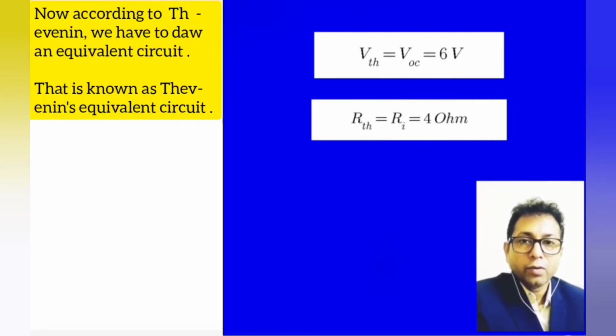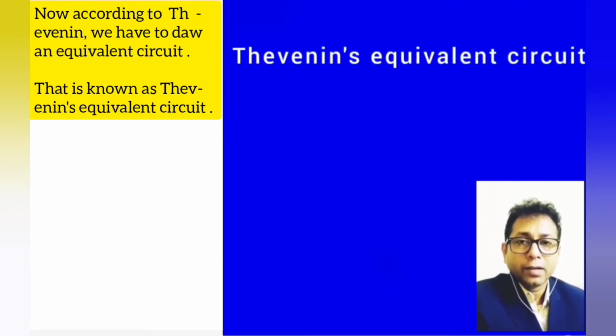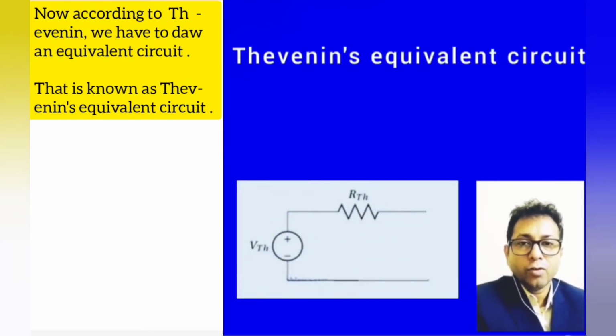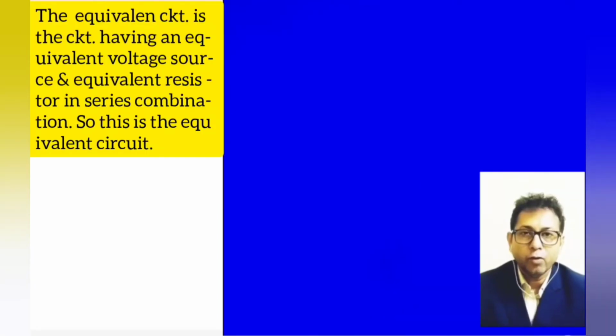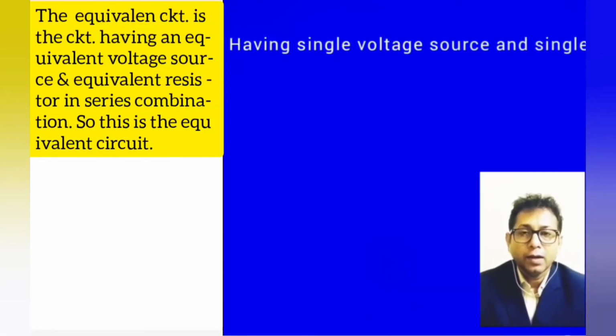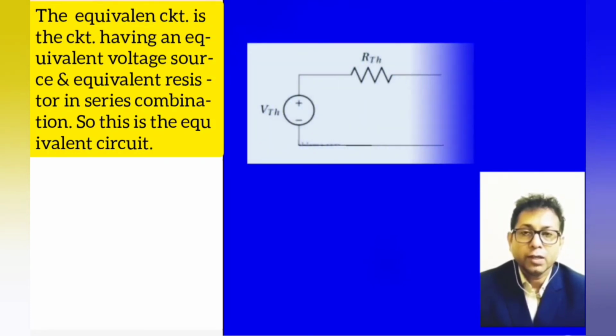Now according to Thevenin, we have to draw an equivalent circuit, known as Thevenin's equivalent circuit. The equivalent circuit has an equivalent voltage source and an equivalent resistor in series combination. So this is the equivalent circuit.